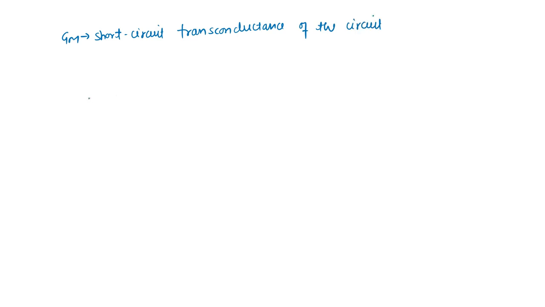So here we can see the only component is this Mn. If we calculate gm for the circuit using this I_SC and this Vn, we can see the short circuit transconductance for this circuit is nothing but the transconductance of this device only. So gm of the entire circuit is nothing but gm of this N only.